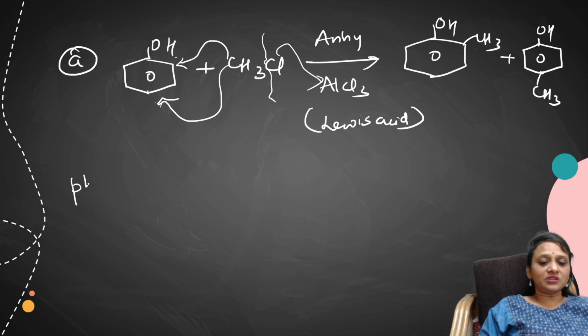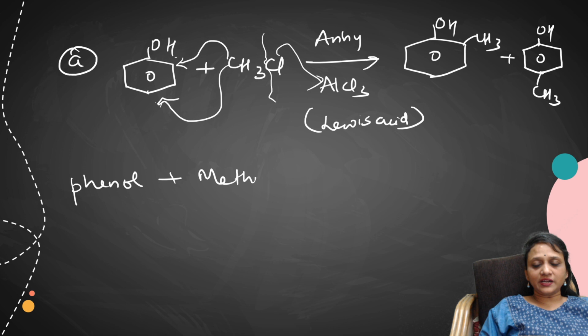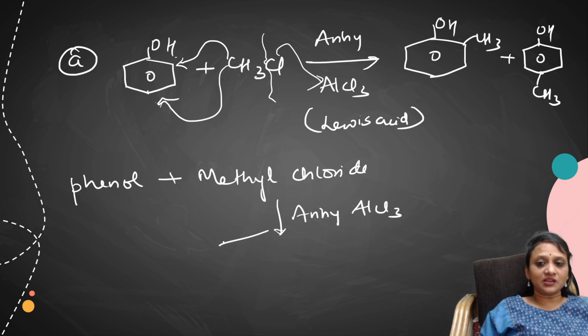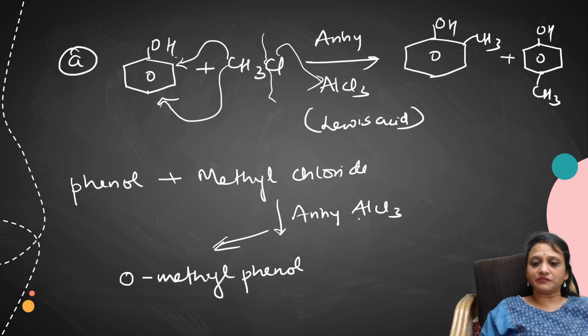When phenol is treated with methyl chloride in the presence of anhydrous AlCl3, you will get two products. What is that? One compound, because of the resonance, ortho-methyl phenol, not methoxy, ortho-methyl phenol, plus para-methyl phenol.